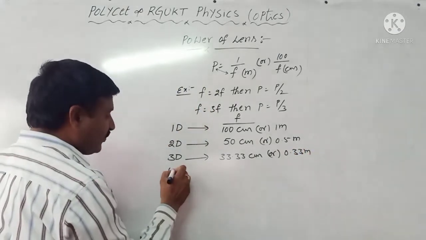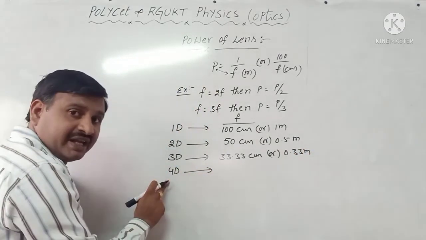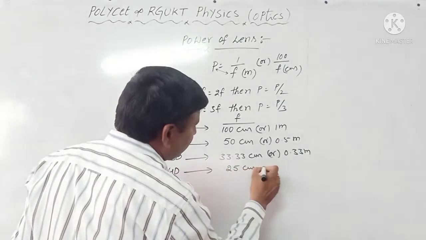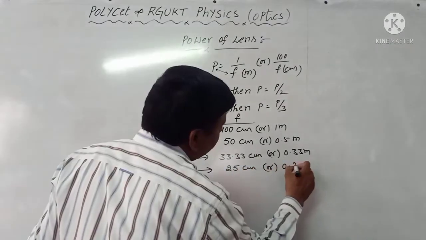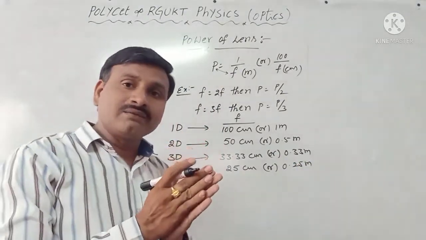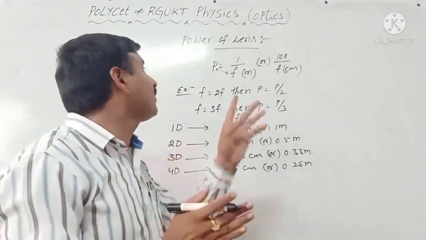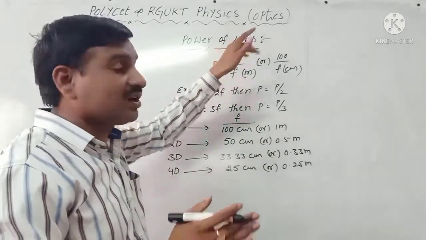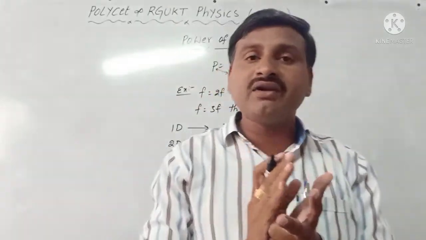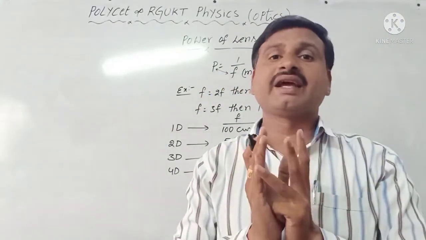A 4D lens is 25 centimeters or 0.25 meters, normal vision. The power of a convex lens is always taken positive and that of a concave lens negative.